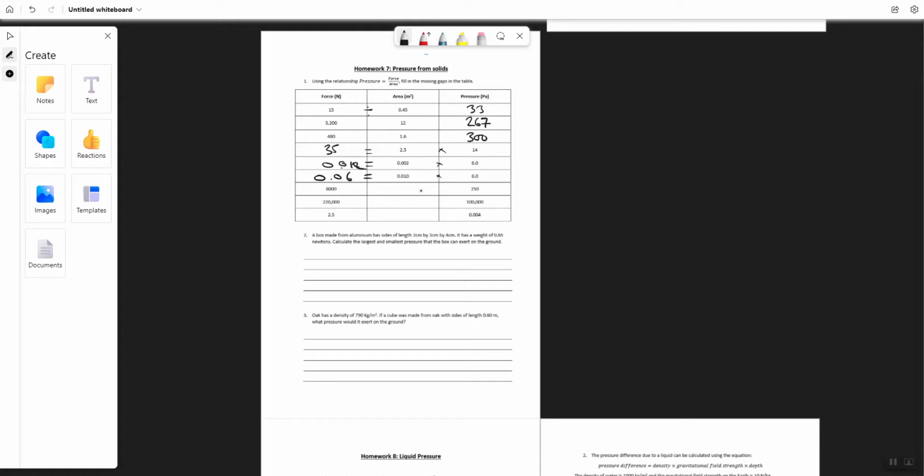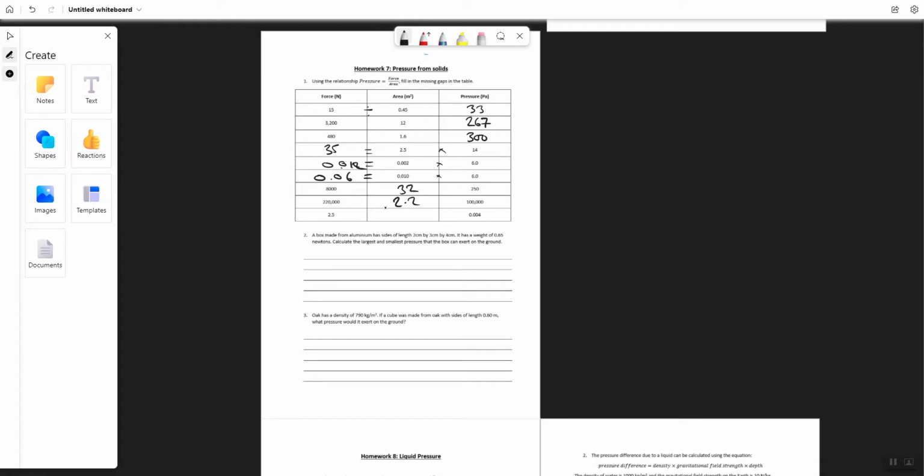And then if we're doing this one, we've got pressure and force, so we want area, and we'll end up with this one divided by this one, so 8,000 divided by 250, so we get 32. 220,000 divided by 100,000 comes out being 2.2.